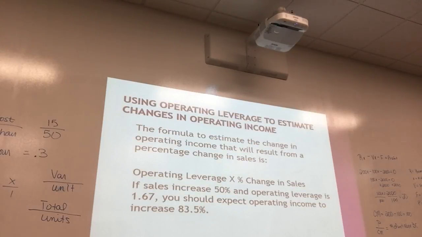The formula to estimate the change in operating income will result in a percentage change in sales. If sales increase by 50%, and operating leverage is 1.67, you should expect operating income to increase by 83.5%. So how did I come up with that 83.5%?